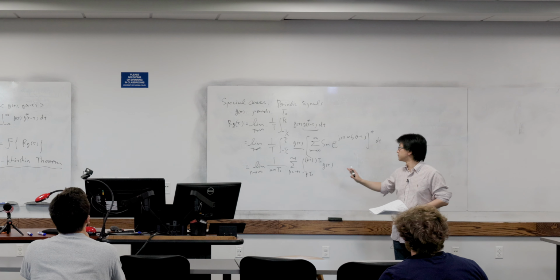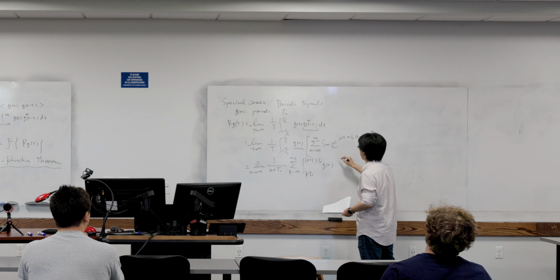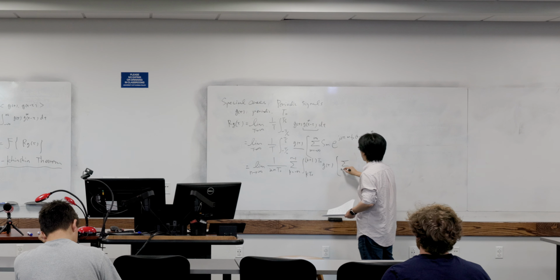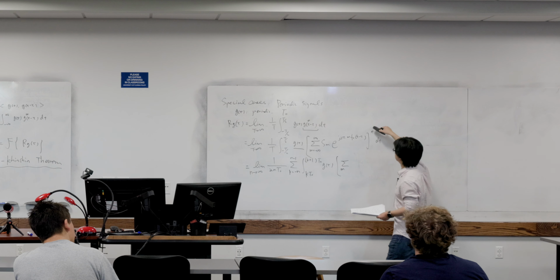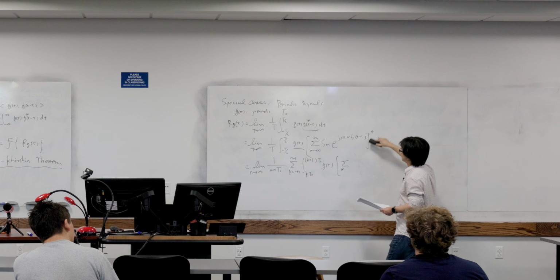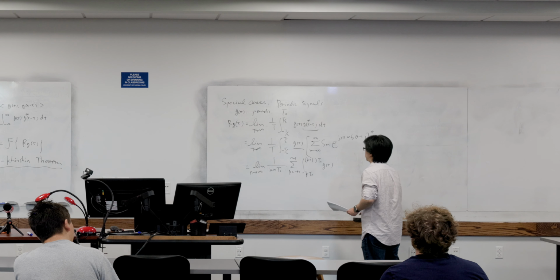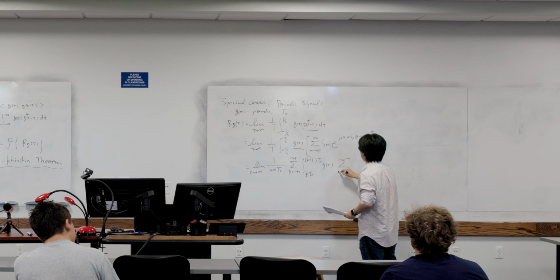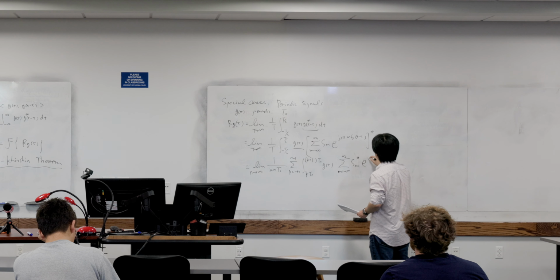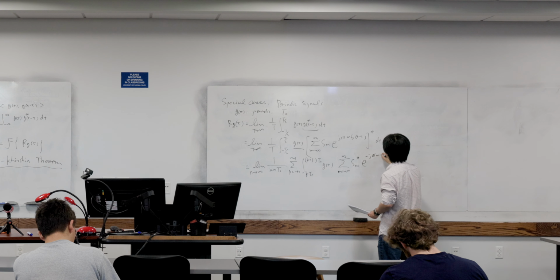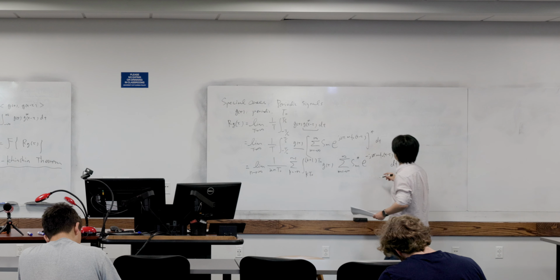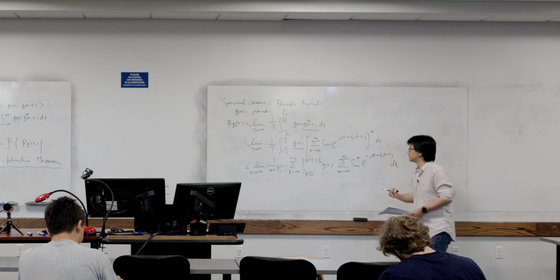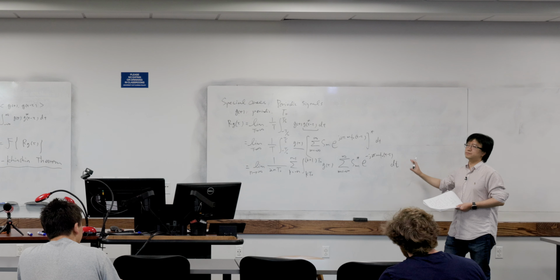Then we have this guy. Let's put the conjugate inside. So we have a summation over m of c_m conjugate e to the minus j 2 pi m f naught t minus tau, dt. Okay, so this is what we got.